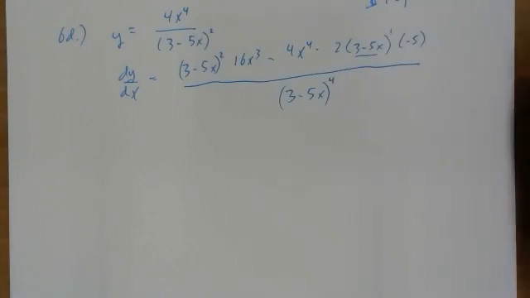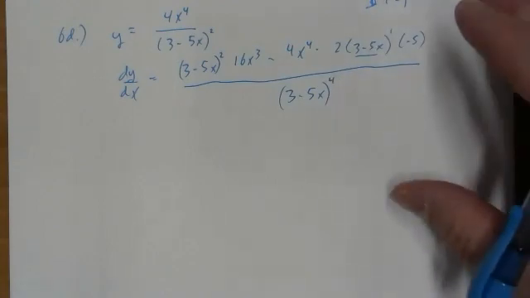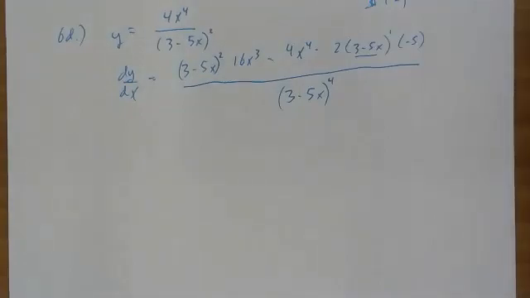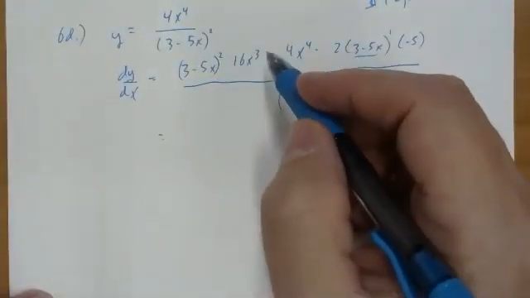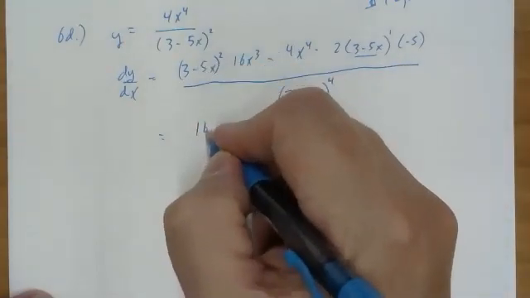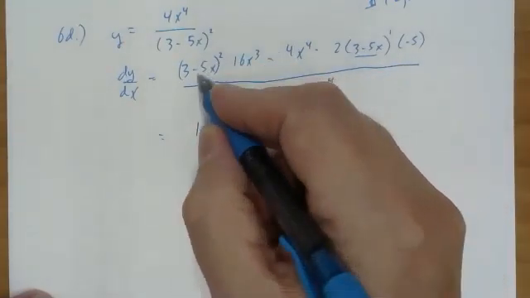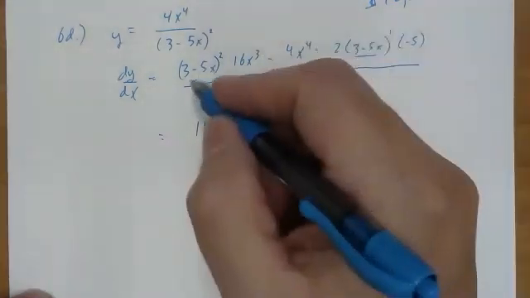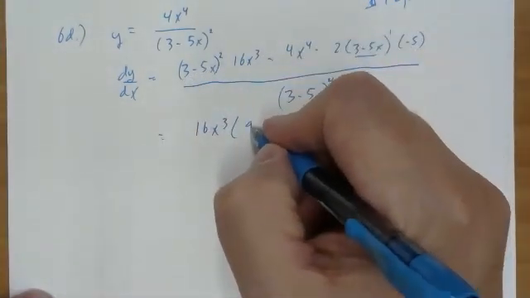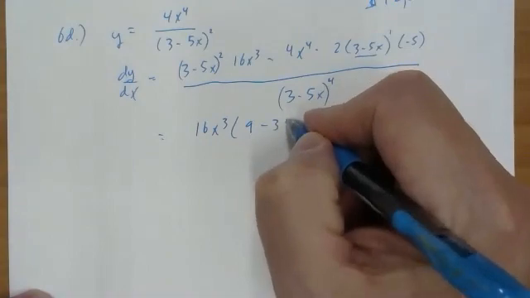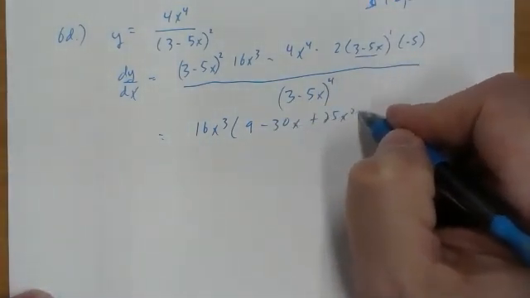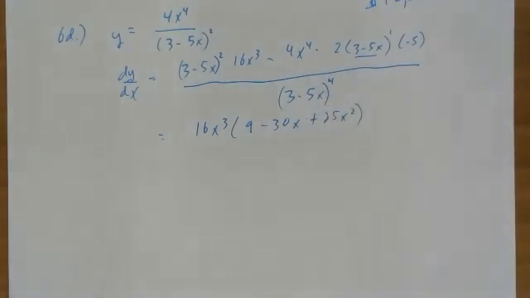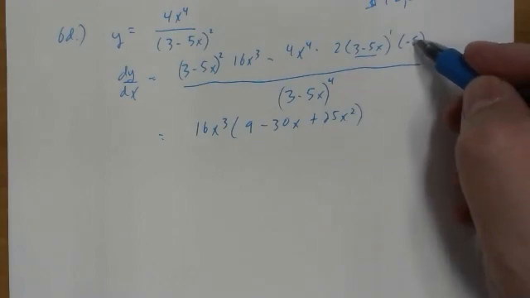Now, I should probably try and clean this up some. Let's take 16x cubed. Let's multiply this out, FOIL it. So it's going to be 9 minus 30x plus 25x squared. Oh, this is going to get messy fast.